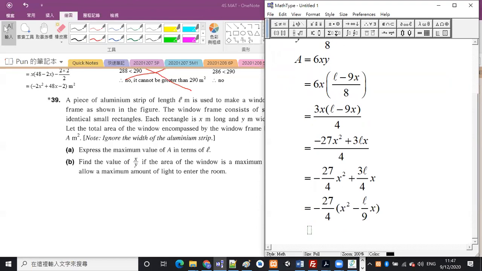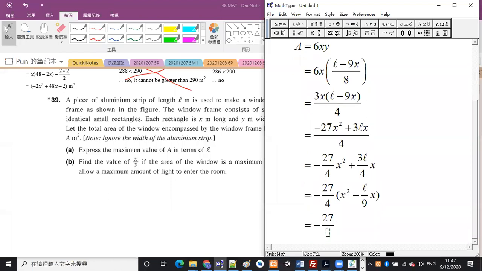Am I correct? Yes. Okay, and then it's negative 27 over 4 times x squared minus 2xy, and the y will be L over 18. Okay, and then plus L over 18 squared minus L over 18 squared.